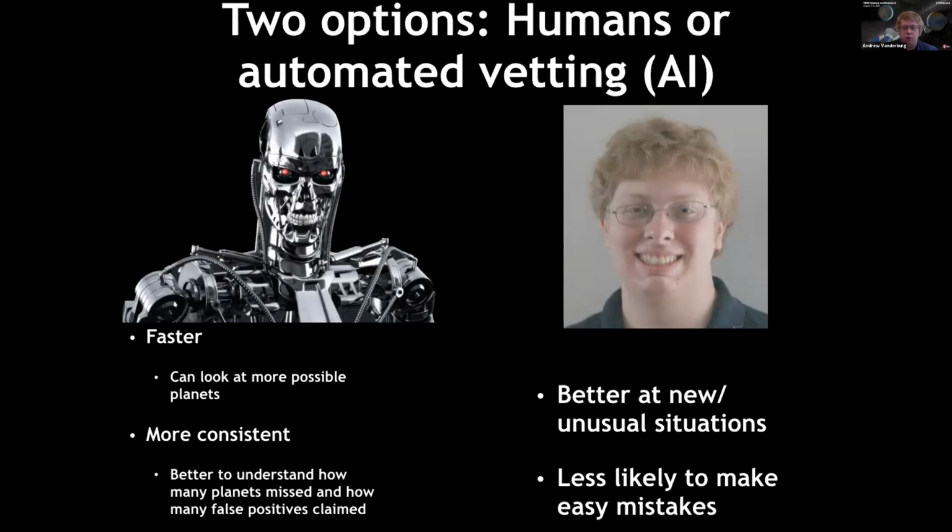Historically, there are two options for how you make this decision. The first one is you throw human power at it, and you ask a team of vetters, usually who are experienced in this kind of analysis, to look at every single one of these possible signals and decide whether they think it's most likely a planet or most likely some astrophysical false positive. Humans have some very strong advantages, which is that we're really good at looking at new and unusual situations.